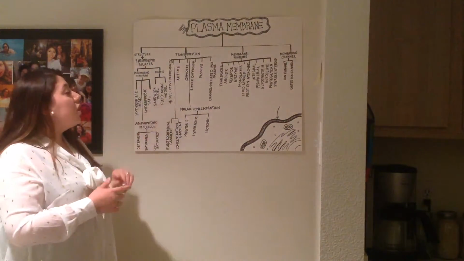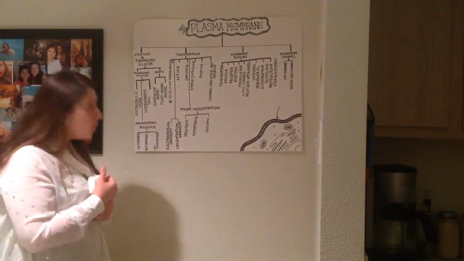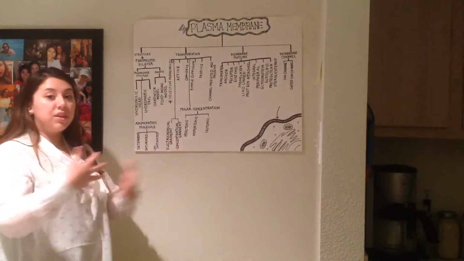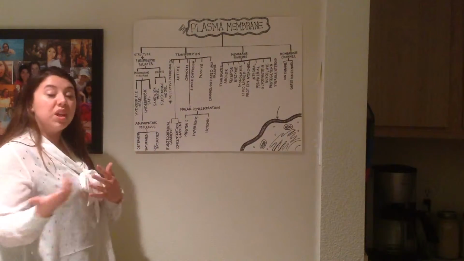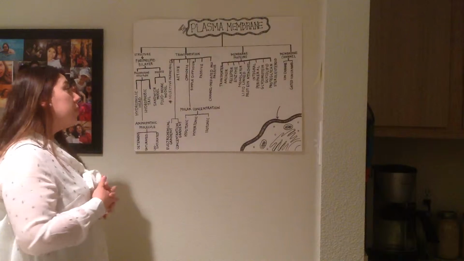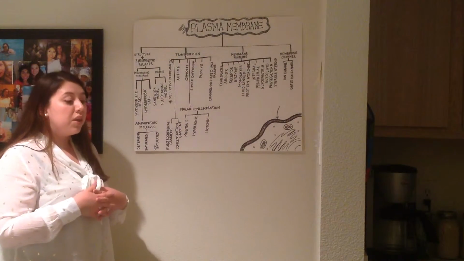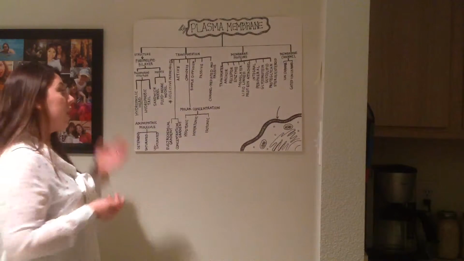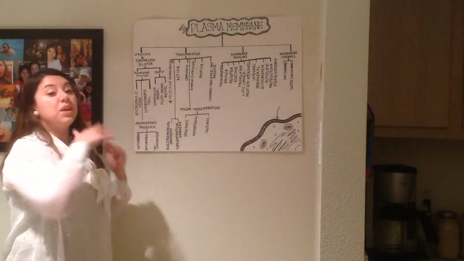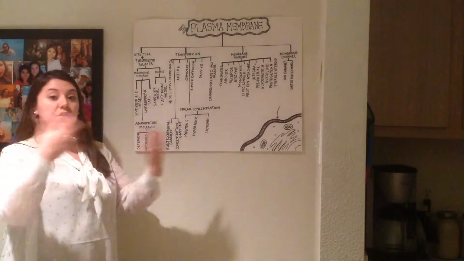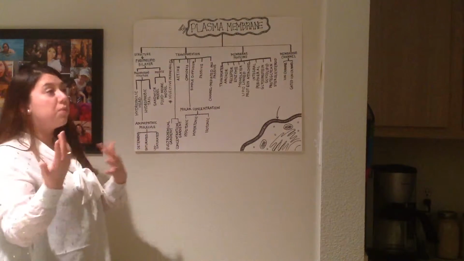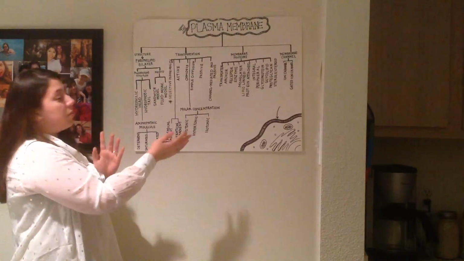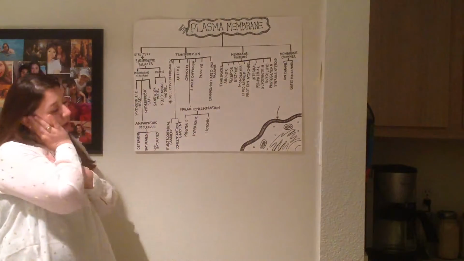I put a star next to selective permeability because it is not necessarily how things move in and out of the plasma membrane, but it is more related with how selective it is on what things go through the membrane. So I put it under here because it does have to do with the transportation in and out of or through the membrane, but it is not necessarily a type of transportation, so I put a star next to it.